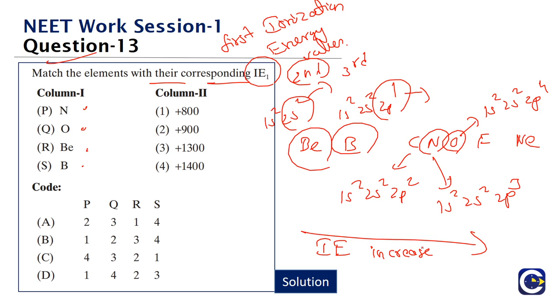Because of this, beryllium will have a higher value than boron. Why is it so? Because beryllium has an ns2 structure, with the s subshell filled, whereas boron has a lone electron in the p, easy to remove. That is why beryllium is more than boron.